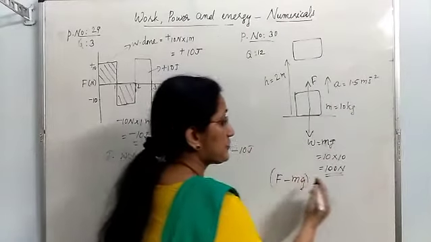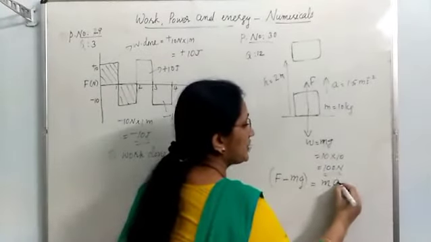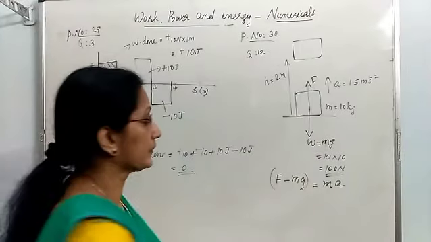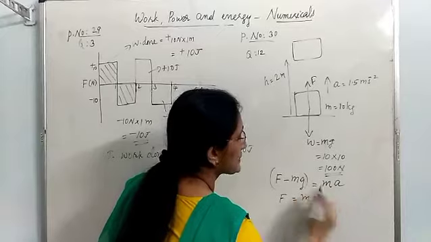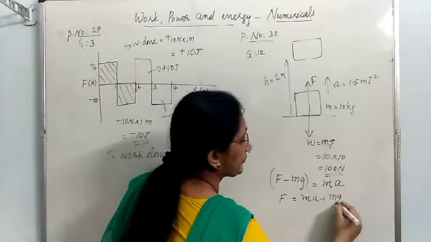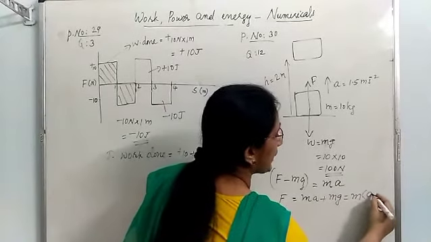So that net force is equal to mass into acceleration. Thereby F is equal to ma plus mg. That means m into (a plus g).